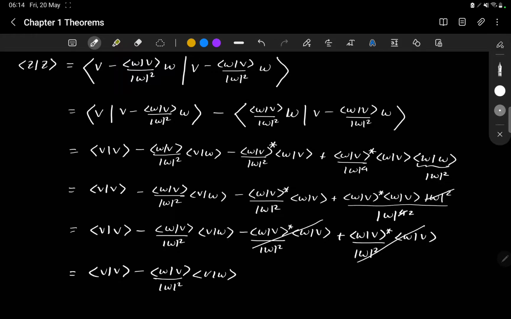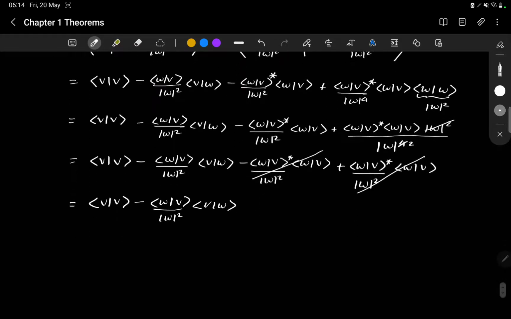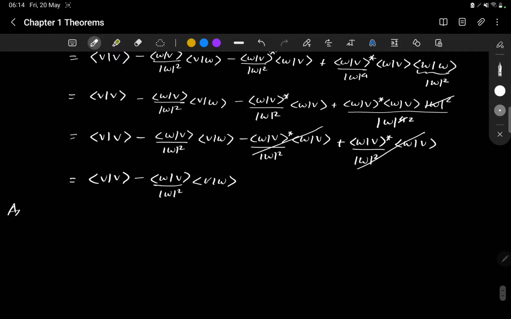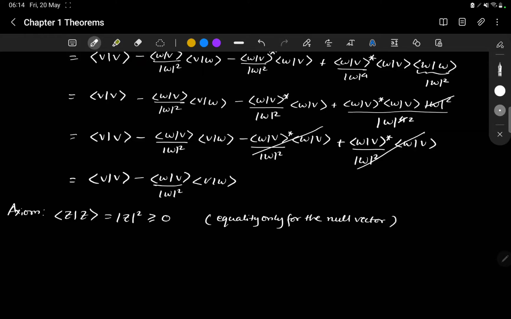Now, from the axioms of inner product, we have that the inner product of a vector with itself will always be greater than or equal to 0, and this is written down as mod z squared. So this will always be greater than or equal to 0. Equality holds only for the null vector. So the mod square of the null vector will be equal to 0.